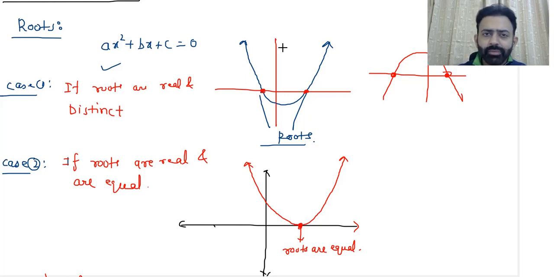Okay, let me introduce you to the formula for finding the roots, right? There are various methods of finding the roots. I think you have already known. So this is called the quadratic formula. There are 2 or 3 ways to find the roots. One is using the quadratic formula.